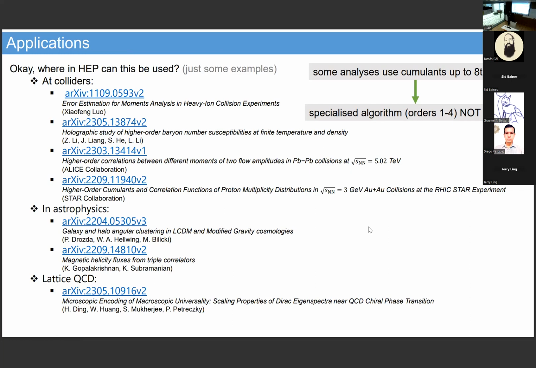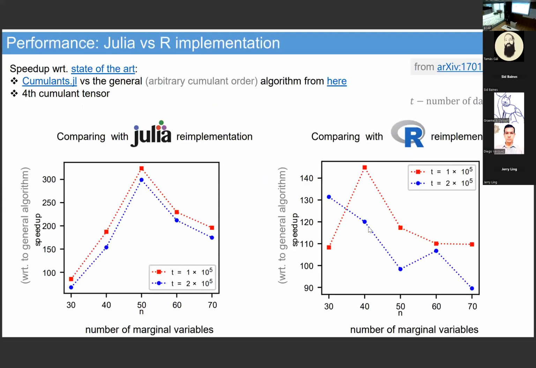And here it's something maybe I didn't stress before, but those analyses often use cumulants of orders higher than 4. Why is it important? For example, the state of the art which I mentioned here has a specialized algorithm which is a bit faster, but it only goes up to 4th order. So you're limited. But with Cumulants.jl, you can compute at any order, and you are always faster.